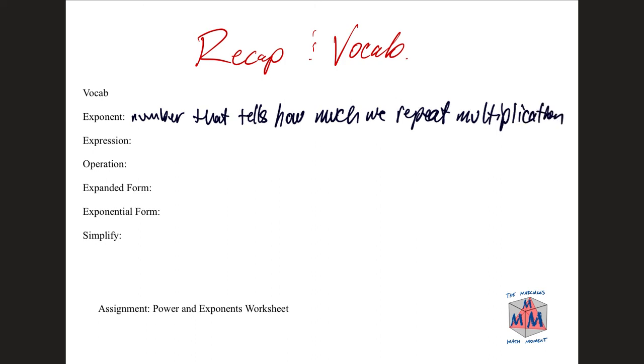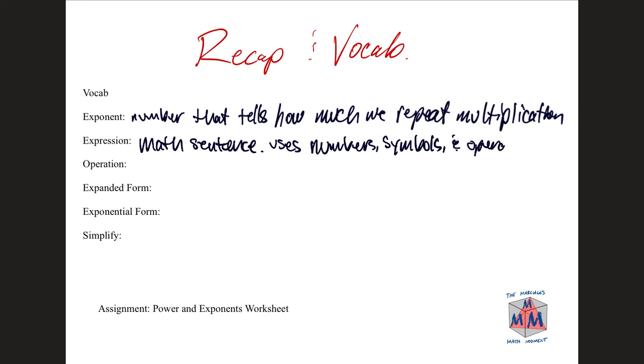An expression is basically like a math sentence. Uses numbers, symbols, and operations. An operation is a mathematical process. Examples would be addition, subtraction, division, multiplication.